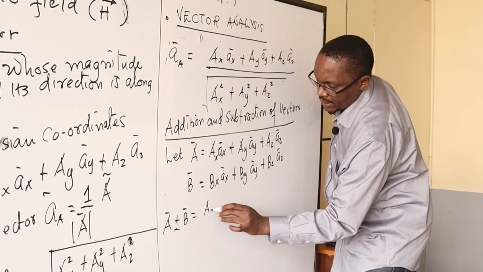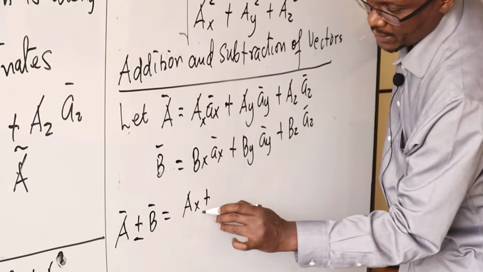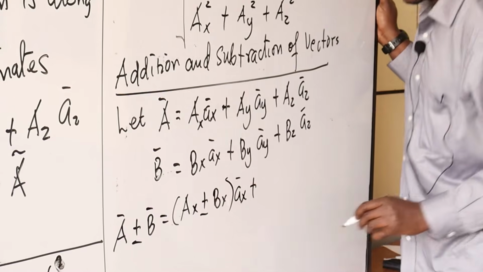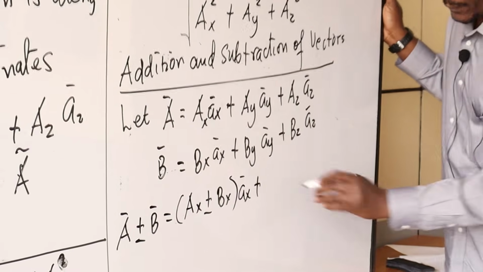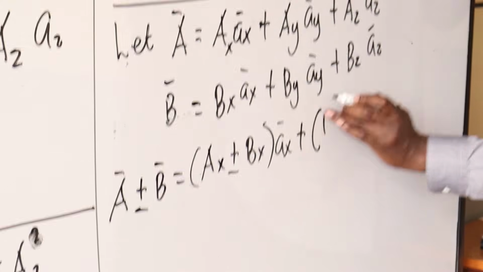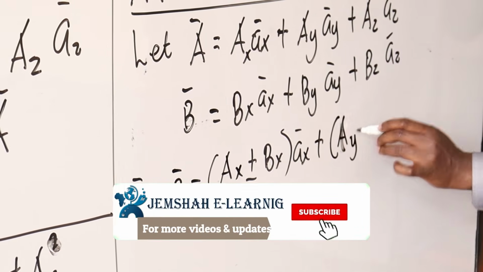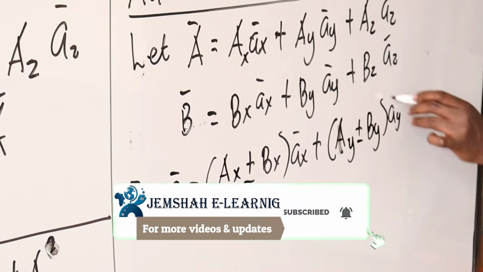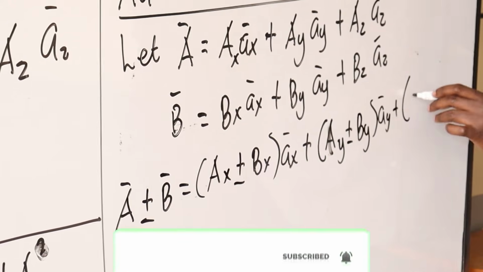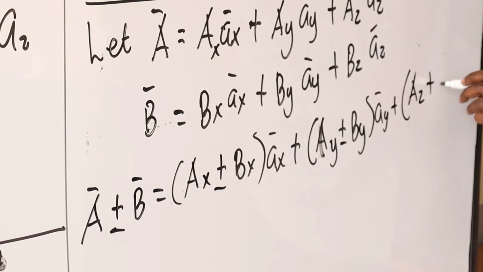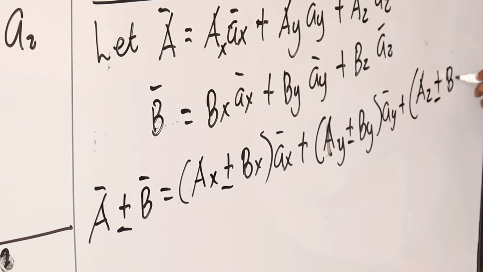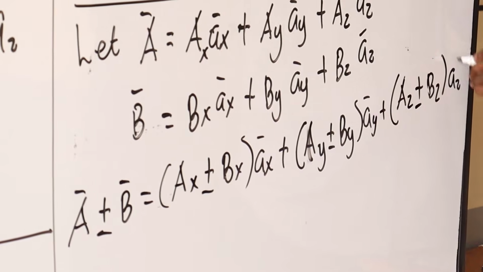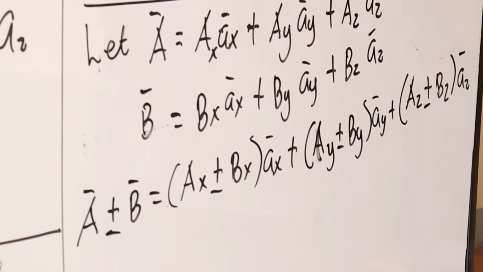We'll say it's AX plus or minus BX of that, plus AY plus or minus BY of that, plus AZ plus or minus BZ of that. So that is how we'll be adding vectors.